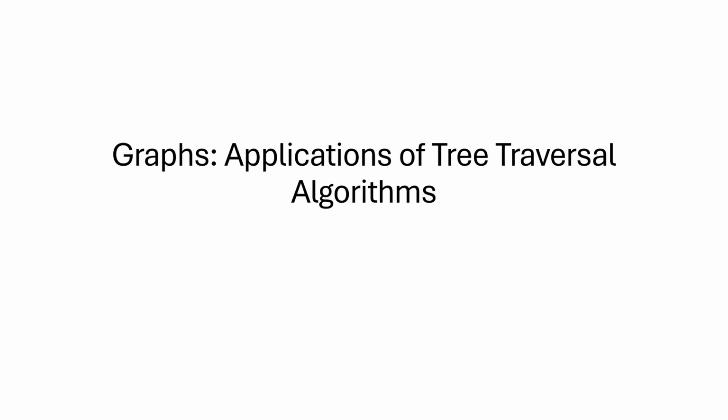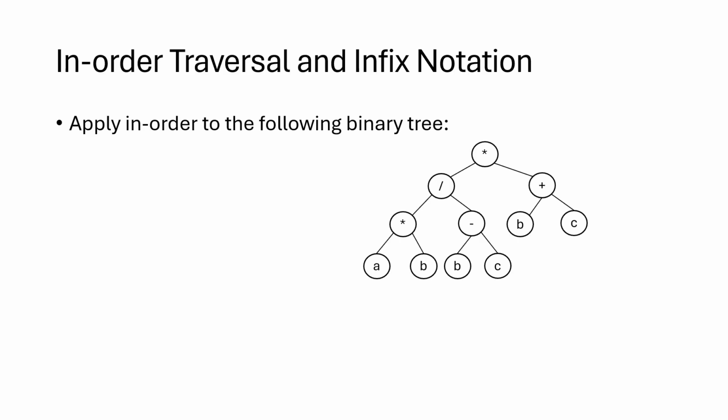In this video, we will see some applications of tree traversal algorithms introduced in the previous video. Let's start with this example. If you remember from the previous videos, we explored this idea that an arithmetic expression can be written as a binary tree. And usually we call that binary tree the parse tree of that expression.